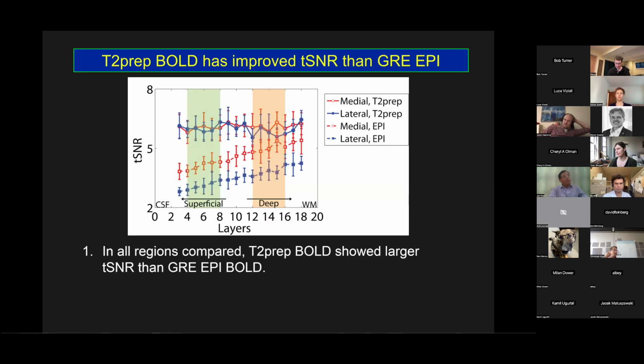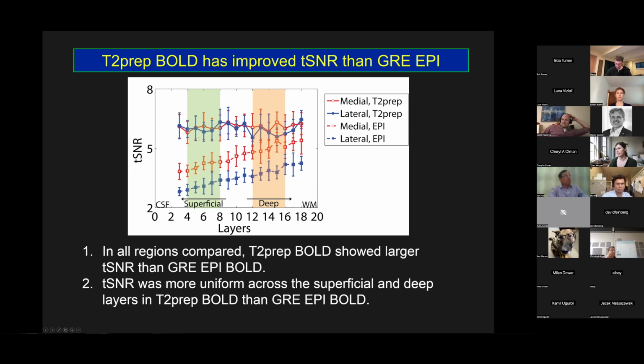What's most important from our data is the temporal signal to noise ratio across the layers. If you look at the EPI data, you see this sort of gradient of temporal signal to noise ratio across layers. And also you see a difference between medial and lateral entorhinal cortex.